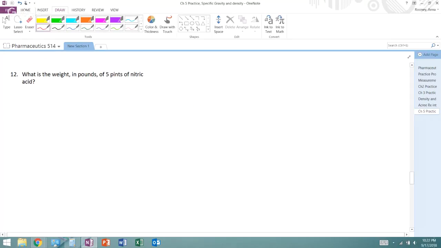All right, what is the weight in pounds of 5 pints of nitric acid? The question does not give you the specific gravity of nitric acid, which I had to look up, which is 1.42.